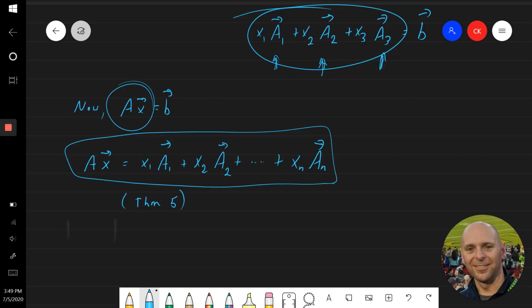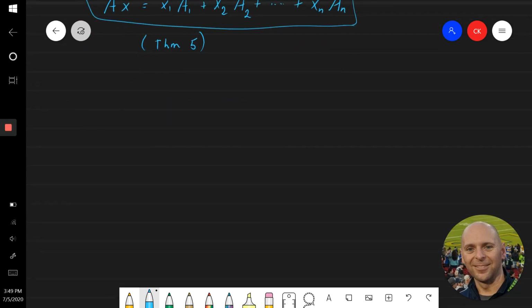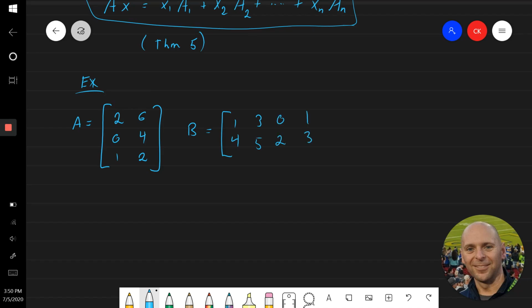Let's do an example of this. Again, I wouldn't necessarily expect you to be able to do this, but just so you can see an application of how this works, let's take a matrix A to be 2, 0, 1 going down, 6, 4, 2 in the other column. And we'll take another matrix B over here to be 1, 4, 3, 5, 0, 2, and 1, 3.